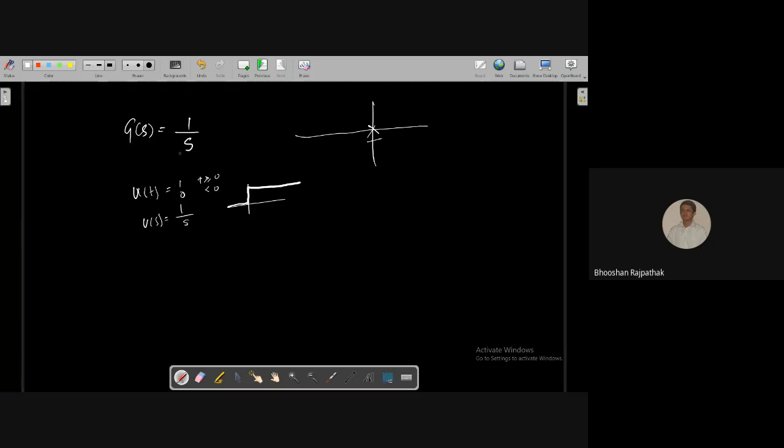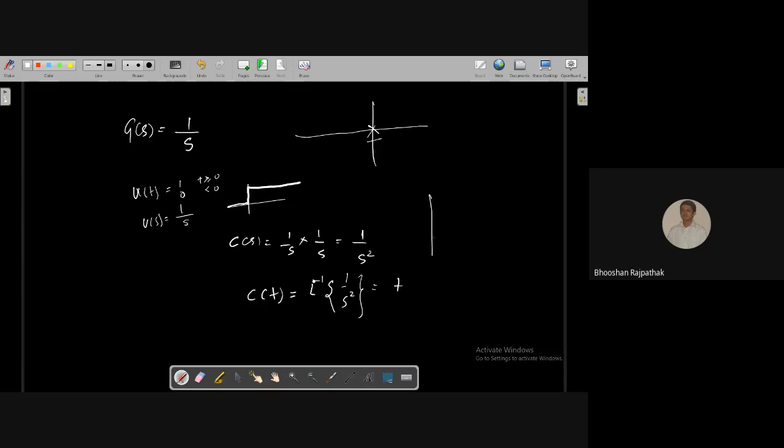Now what will be the output here? C of s will be equal to 1 by s into R of s, which is again 1 by s. So 1 by s square. So what will be c of t? Laplace inverse of 1 by s square is t.